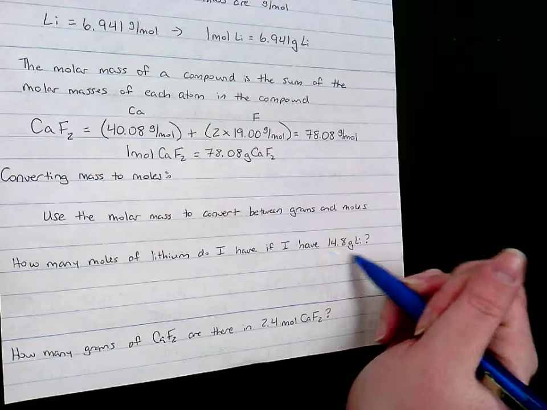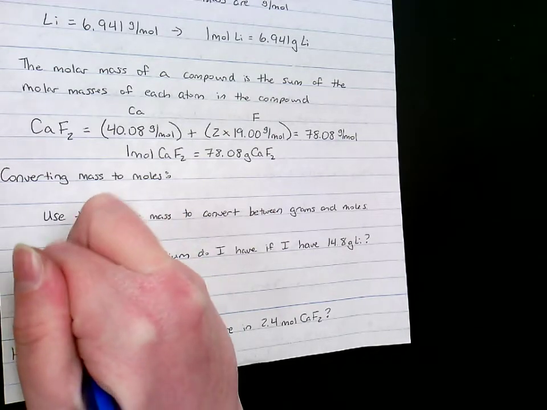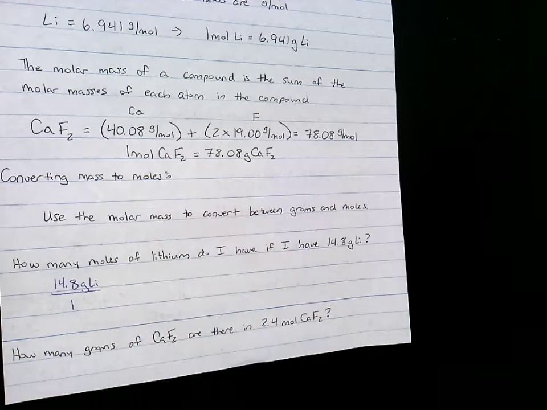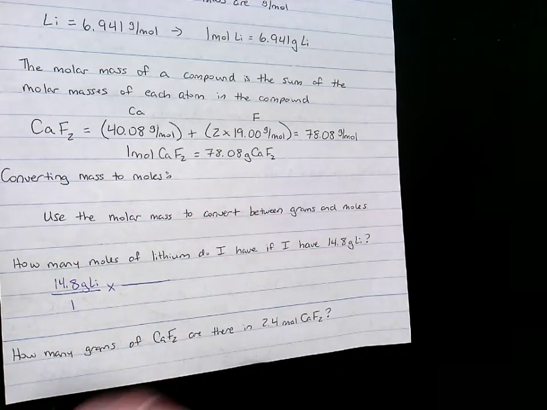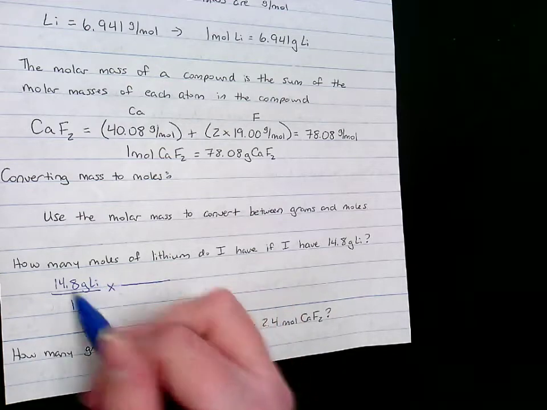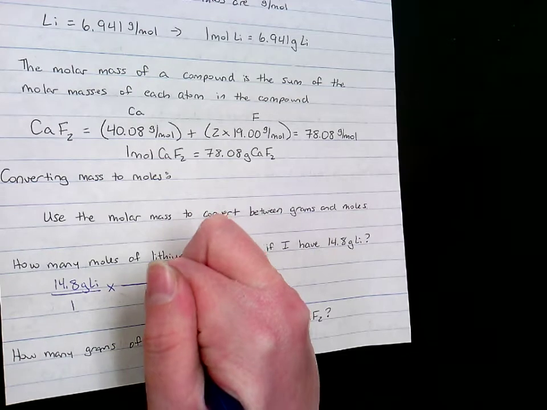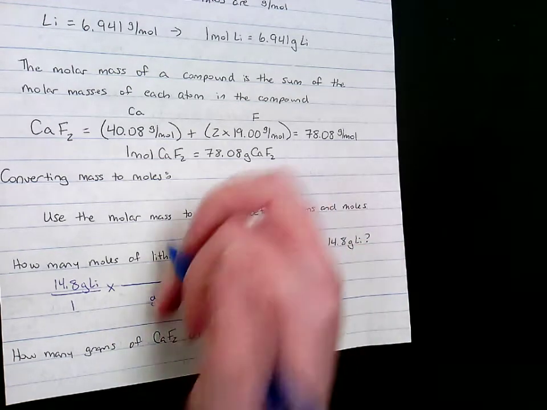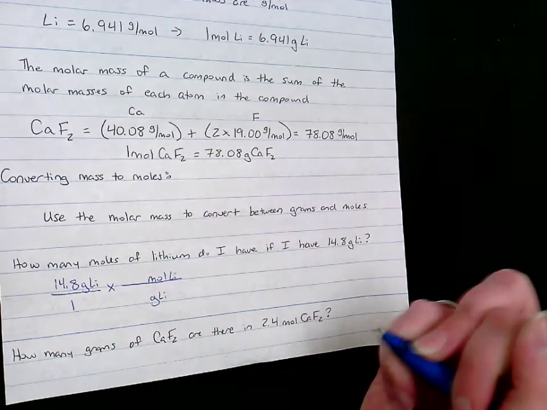I take my given 14.8 grams of lithium, and I can put that over 1 if I want. Now I'm going to set up my conversion factor to get rid of grams of lithium. So grams of lithium goes to the bottom, and I want moles of lithium, so moles lithium goes to the top.